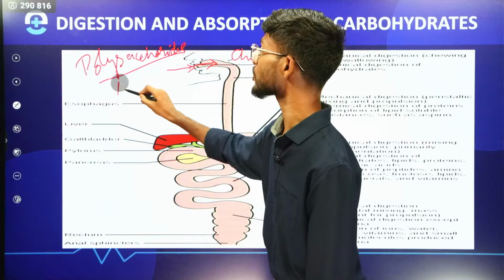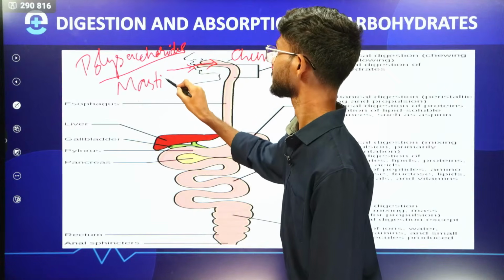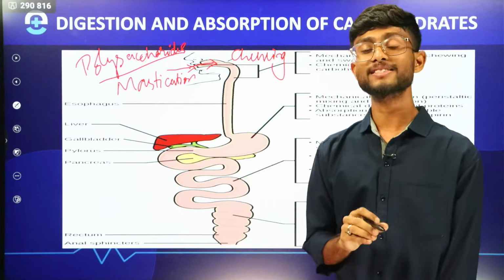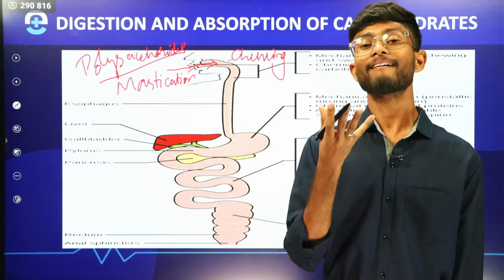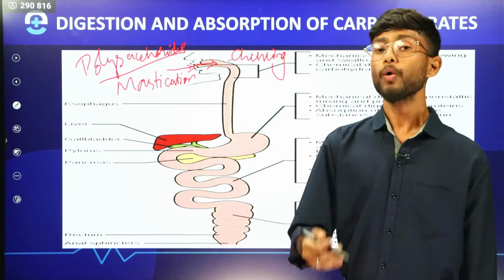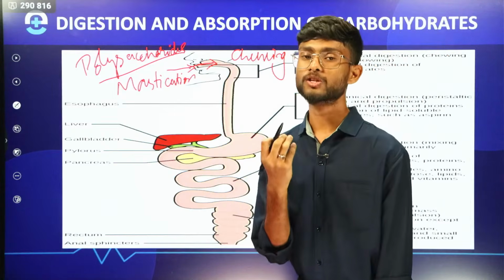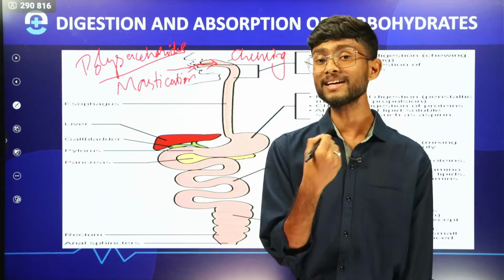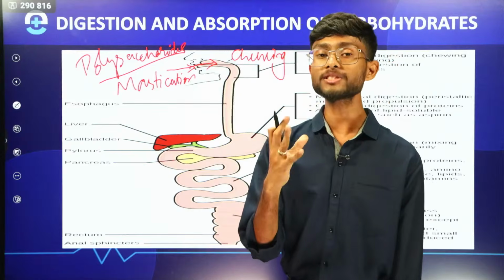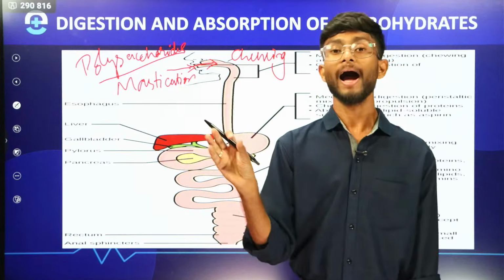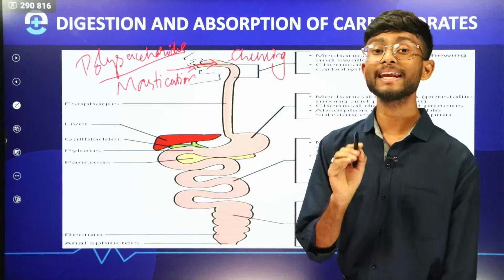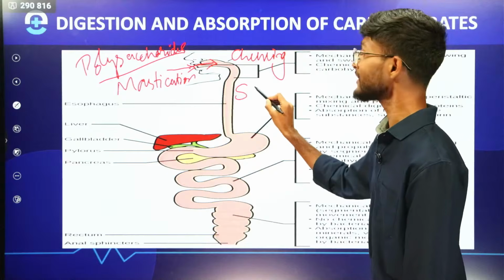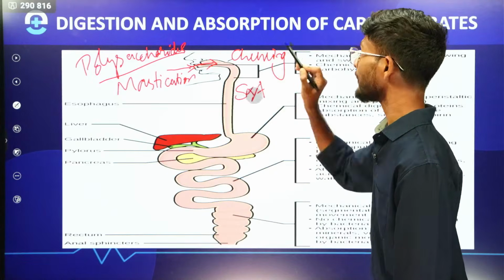This mastication is nothing but chewing or grinding the food particles. When the mastication takes place, the saliva present inside the mouth comes into contact with the food, and in the saliva there is an enzyme called salivary amylase, salivary alpha amylase.